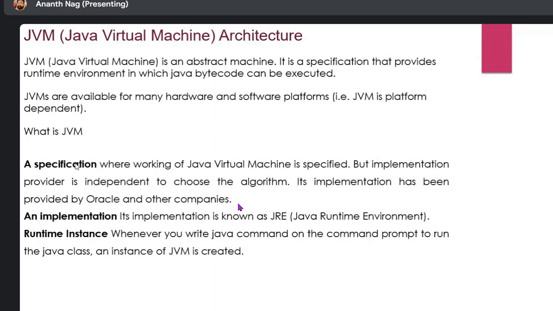Like you are cooking, I'll take an example. There are two cooks. You have to prepare biryani. There is a specification that biryani should look like this and taste like this, some common things, so that it is a biryani. But two people will prepare it in two different ways.